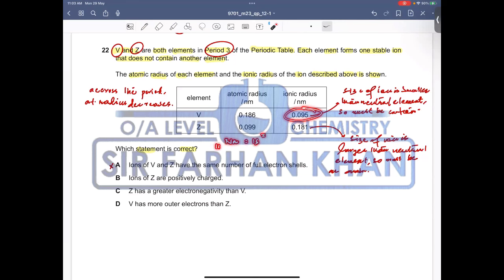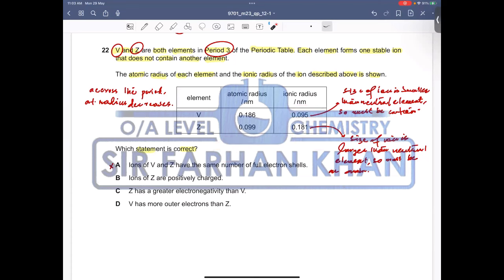Let's configure it: 1s2, 2s2, 2p6, and this is your 3s1. So when you make it into a cation, one electron is lost from the valence shell, which means this valence shell is lost also. So there will not be the same number of shells. All right, so that's not going to happen.